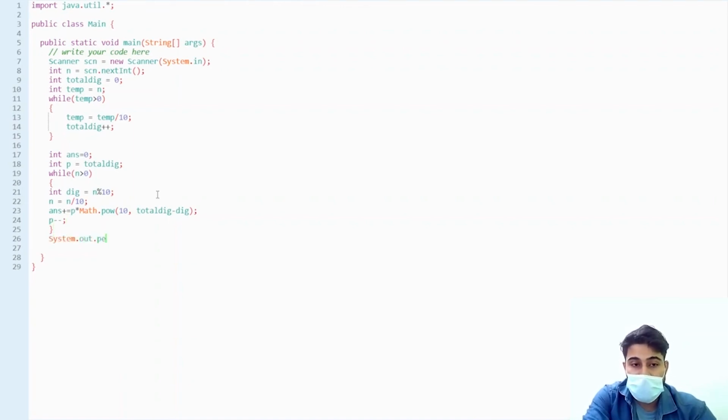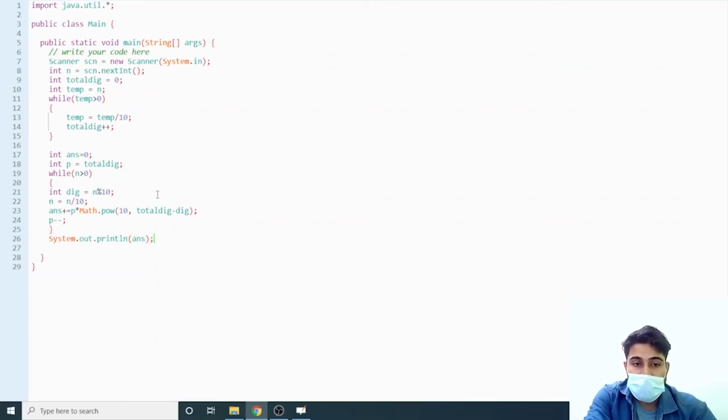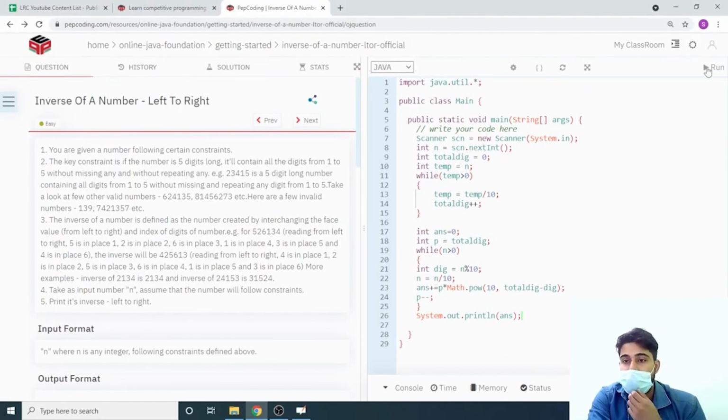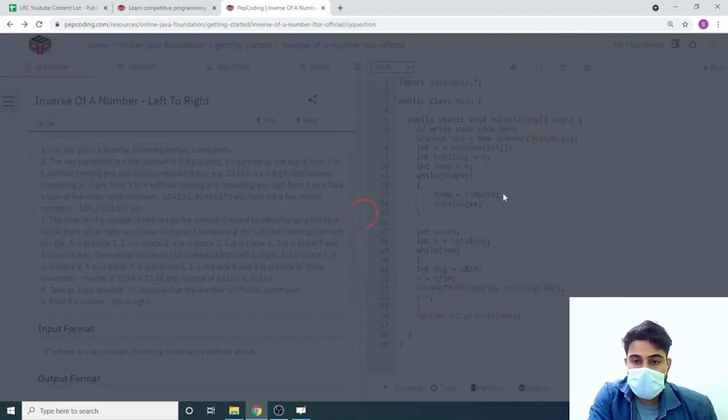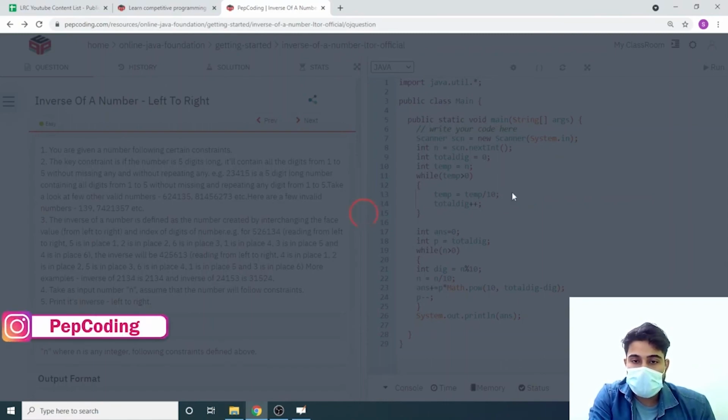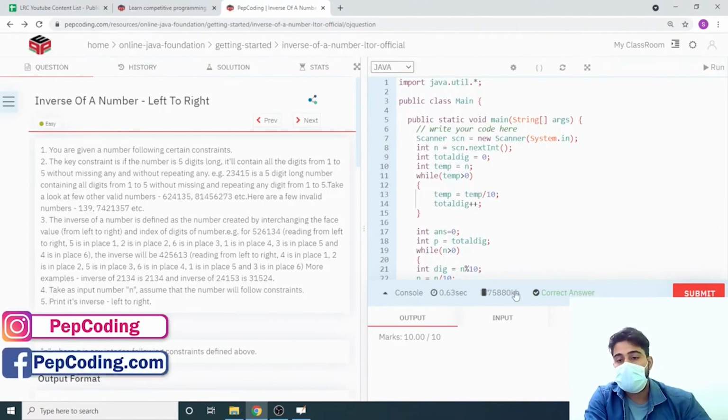Let me print it, System.out.println answer. Let's try to run it. So here our answer is accepted. Let's try to submit it. So here it is accepted.